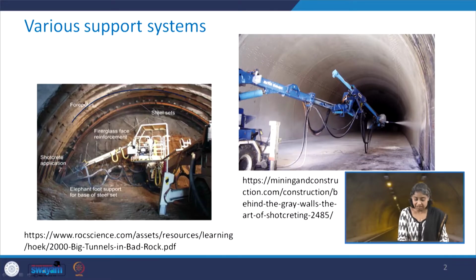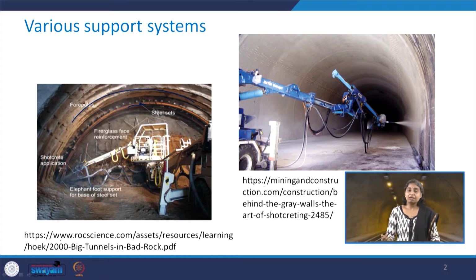You see that the excavation has been made here, and see how the steel sets are provided. These are the steel sets. This is one kind of support system. You have these steel sets at some spacing along the length of the excavation.